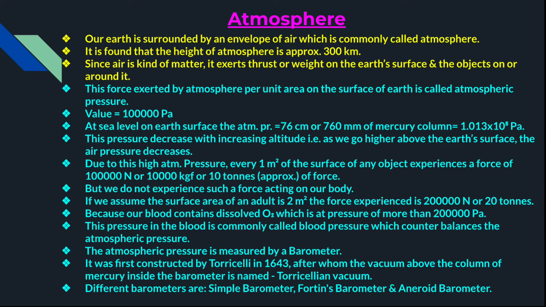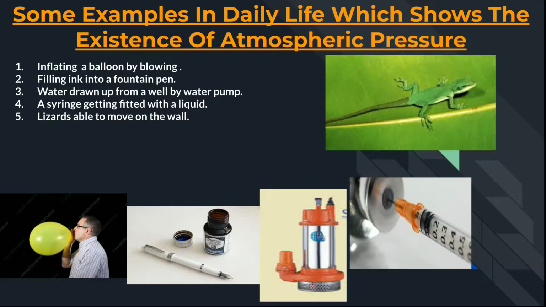Next we come to some examples from daily life which show the existence of atmospheric pressure. First, we inflate a balloon by blowing. Then we fill ink into a fountain pen.